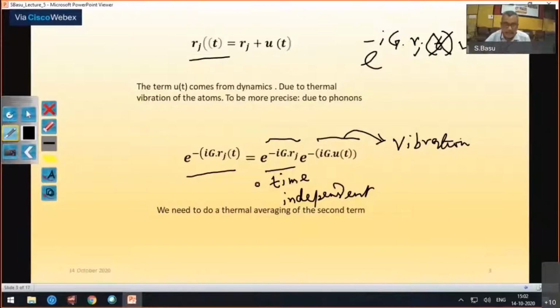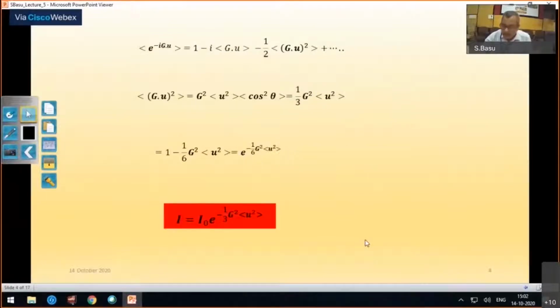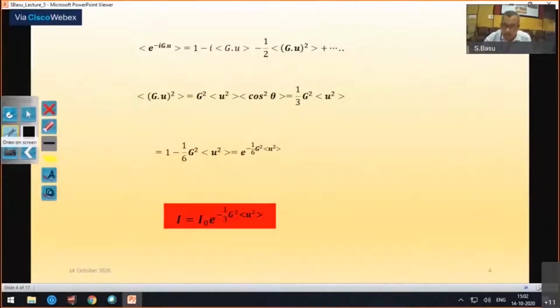And then I told you that I need to take a thermal averaging of e to the power minus i g dot u, which is the time dependent part.